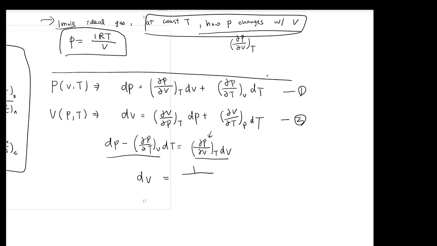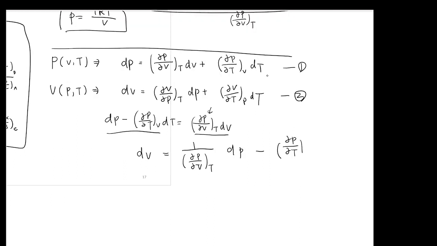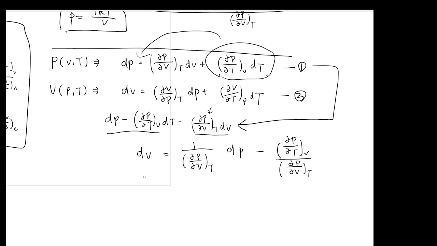It will be dV equals 1 over partial P partial V under constant T, dP minus partial P partial T at constant V, divided by partial P partial V at constant T. So from here, we can write this, where I move this term to the left, then I divide both sides by this and then flip it, then I can get this equation.